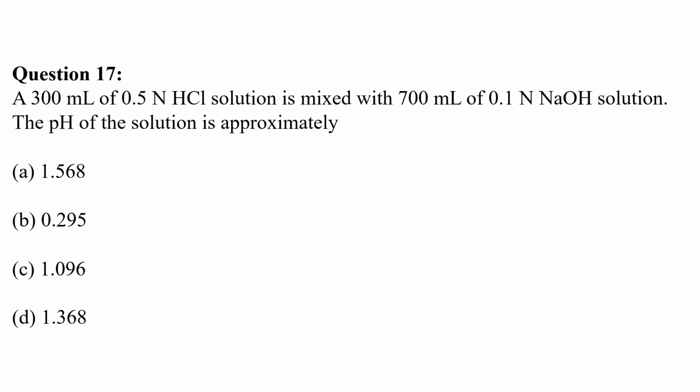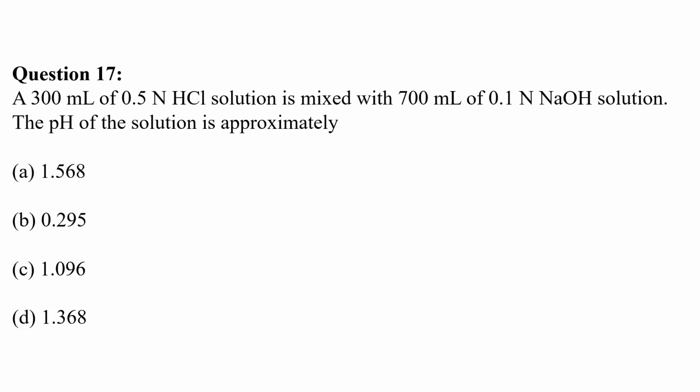Okay. So the next question, question number 17. A 300 ml of 0.5 normal HCl solution is mixed with 700 ml of 0.1 normal NaOH solution. pH of the solution is approximately, so you have to calculate the pH of the solution when HCl is mixed with NaOH.